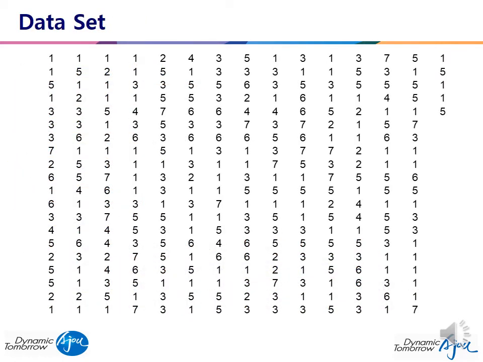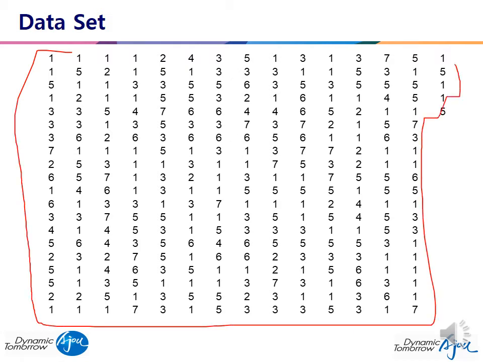As you can see, this is the data result from the previous survey. This is the data set. If you look at these numbers, we cannot get much information here. However, for this data, we use descriptive statistics to get useful information.